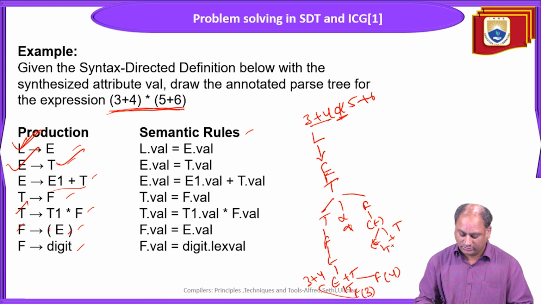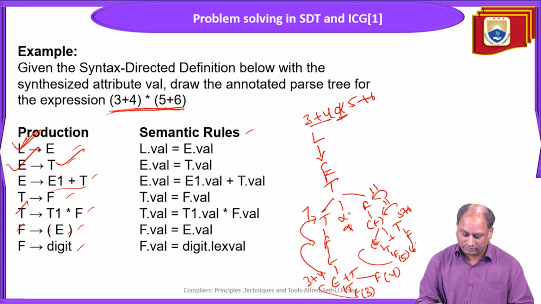Similarly E derives T derives F, that is value 5, and here F is the value 6. Now this 5 plus 6 is carried out to the root node, that is 11. And 3 plus 4, that is 7, is carried out, so this is 7 star 11. That is 77, passed to this one, and finally this one.